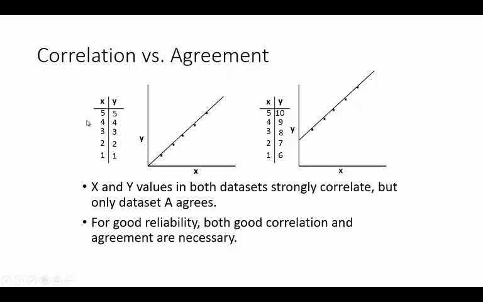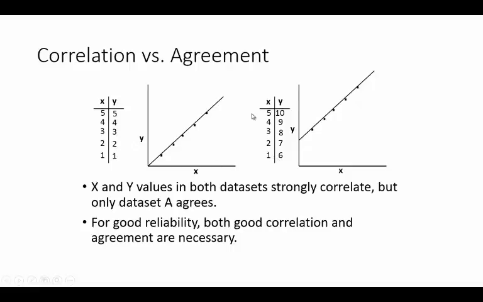For example, this data set has two things, X and Y. X could be therapist 1 and Y could be therapist 2. So these are the measurements that they got for something. So these two numbers are definitely correlated and they are in agreement.